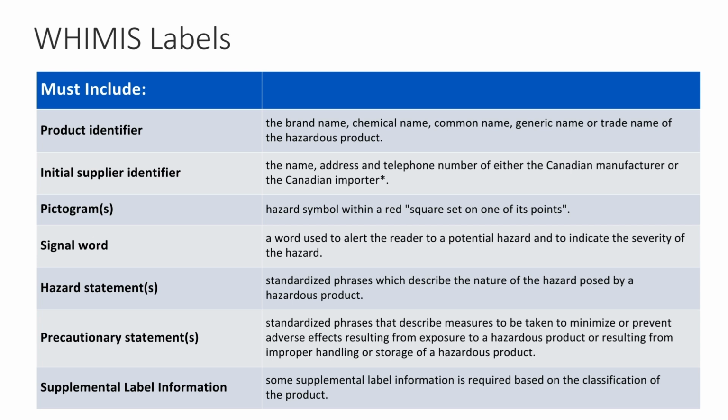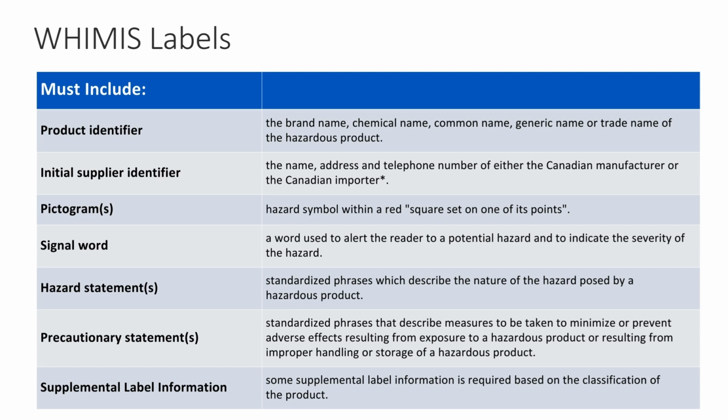WHMIS labels must include the following. 1. The product identifier or the chemical name. 2. Initial supplier identifier, the identification information for the manufacturer. 3. Pictograms. 4. Signal words, a word used to alert the reader to a potential hazard and to indicate the severity of the hazard. 5.